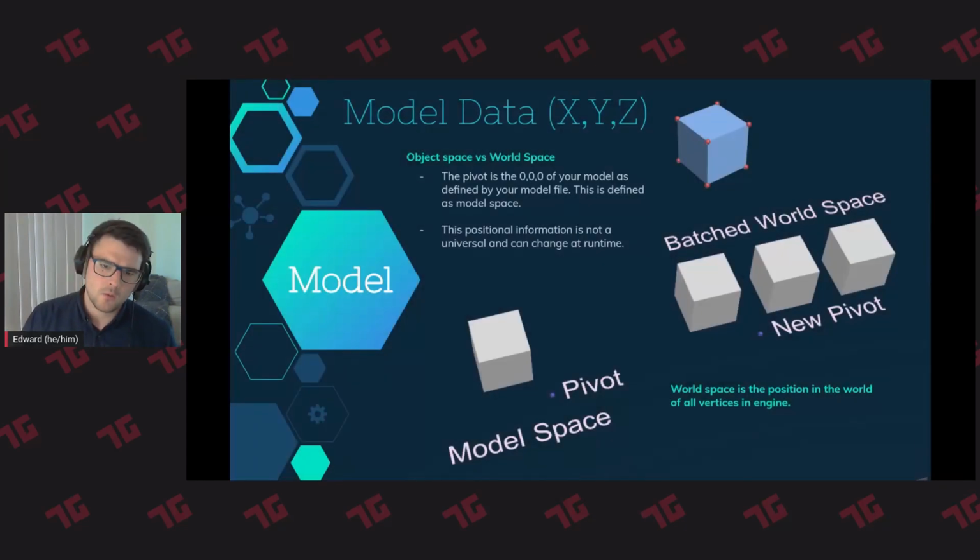So when your model comes in, you've essentially got your base data here, which is your positions in X, Y, and Z coordinates. It's got normal information. It's got texture UV information, all of this sort of data. And it's all constructed around a certain degree of relativity.